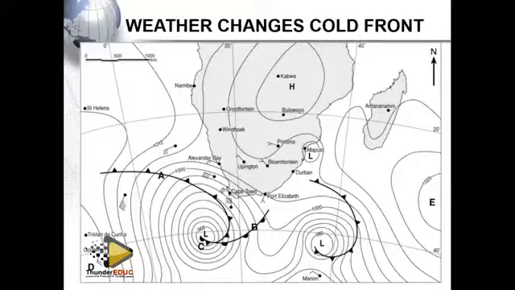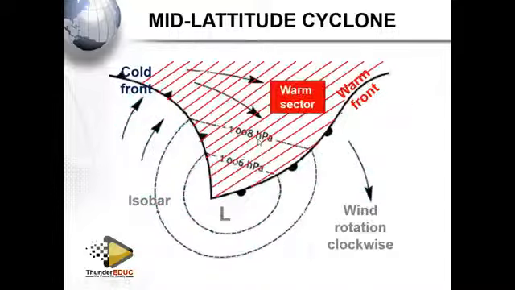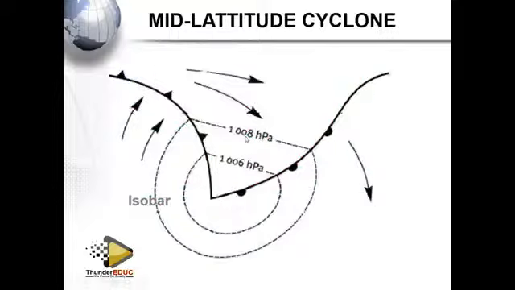Okay. So now, before we move on, I must explain to you what happens when this cold front passes, or what happens when we reach the occlusion stage. You must know that when you reach the occlusion stage, the warm air is going to be forced to move away from the ground.